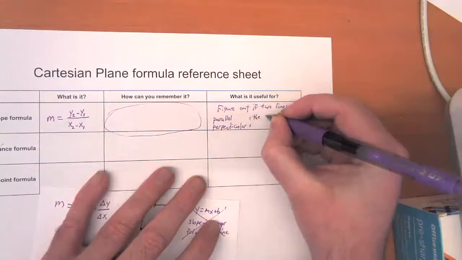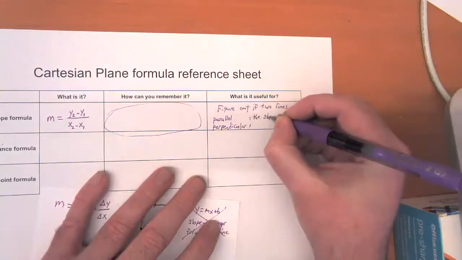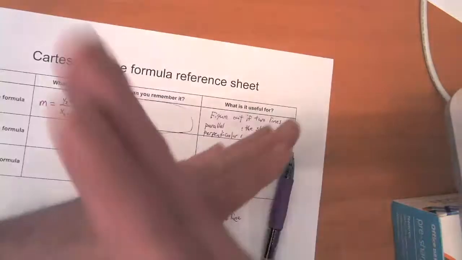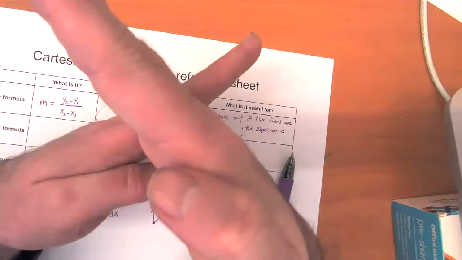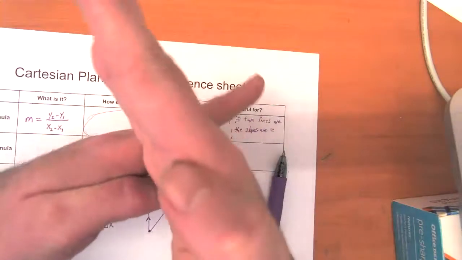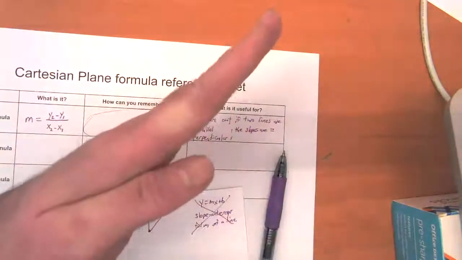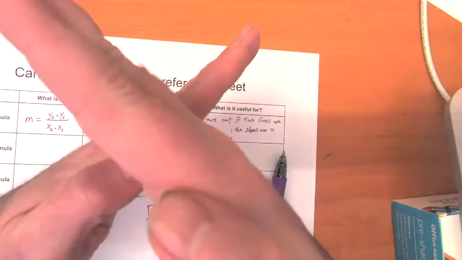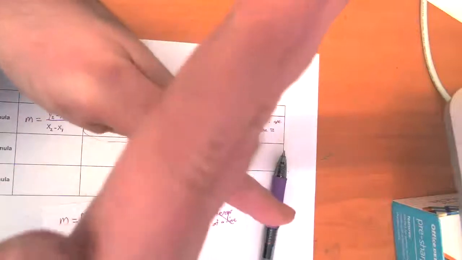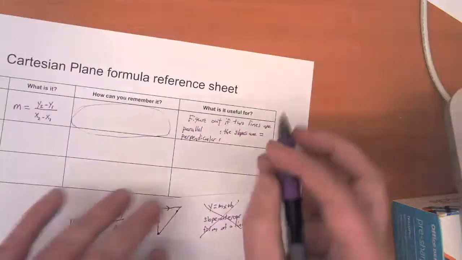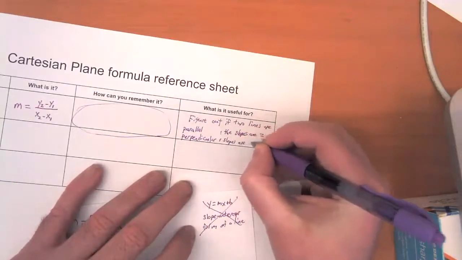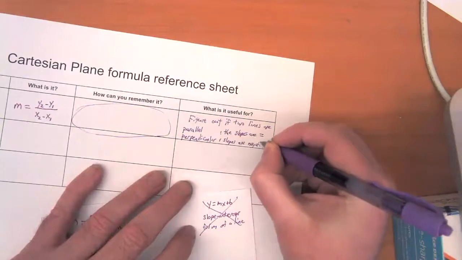So if we calculate the slope of two lines and they're equal, then the lines are parallel. And perpendicular means that they're crossing at right angles. So think about it. If I've got two lines that cross at right angles, if one of them has a positive slope like this one, the perpendicular line would have to have a negative slope. In the same way, if this has a negative slope, the perpendicular would have to have a positive slope. It's going in the opposite direction. So the slopes have different signs.